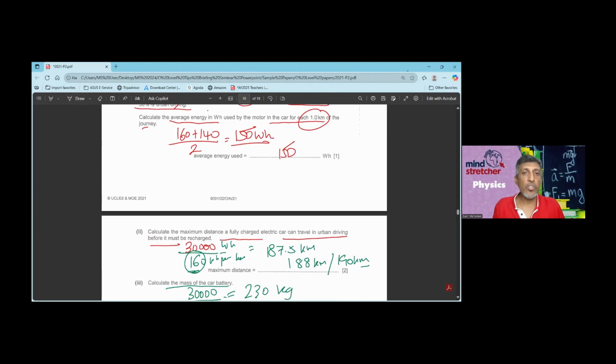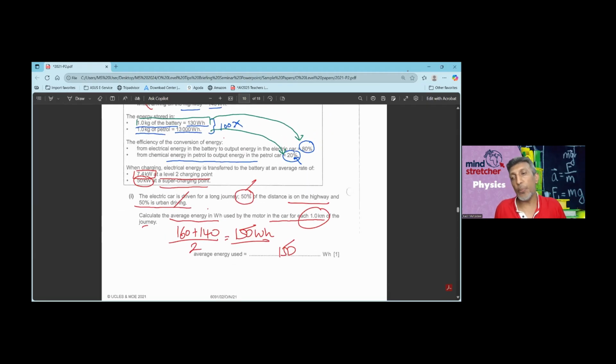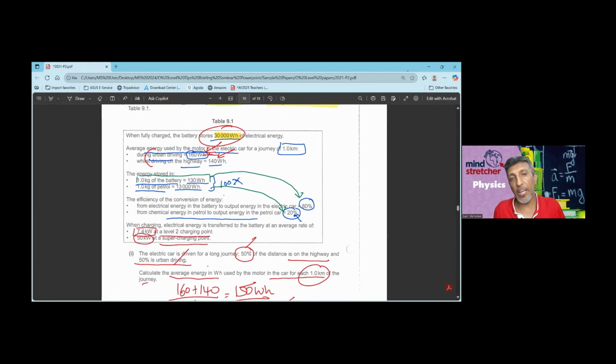So guys, I just want to tell you, initially, if you look at it, at the start, this question can look a bit threatening. By the way, the data analysis no longer comes as part of section B from the year 2024. You must always put working.